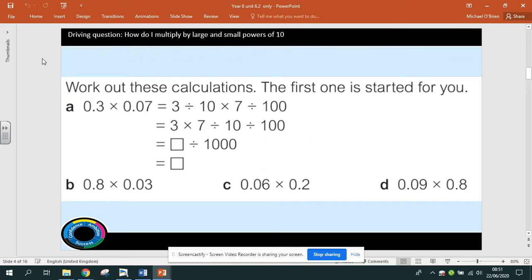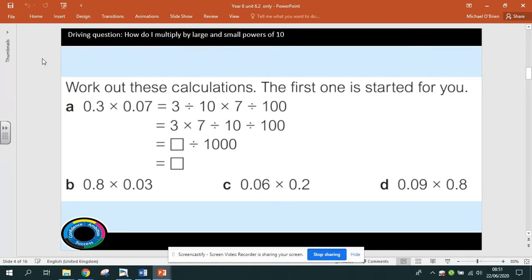So the first question is 0.3 times 0.07. And on the first line, it said, well, 0.3 is the same as 3 divided by 10. So that's where the 3 divided by 10 comes from. Multiplied by, now 0.07 is the same as 7 divided by 100. So that's where you got the 7 divided by 100.